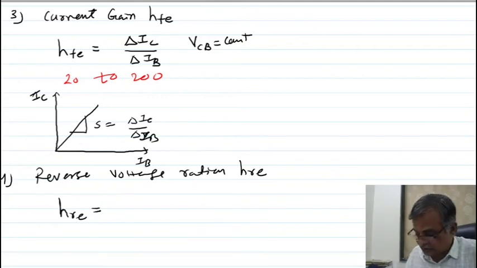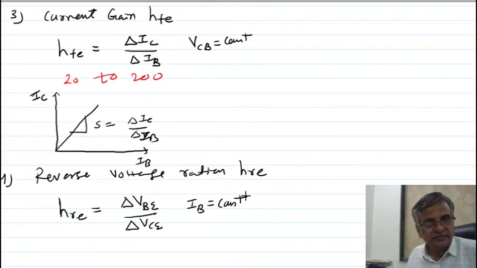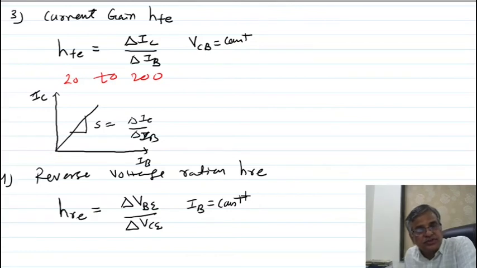The hre, reverse voltage ratio, is the ratio of change in base emitter voltage to the corresponding change in collector emitter output voltage at a constant value of the input base current. It is unitless.